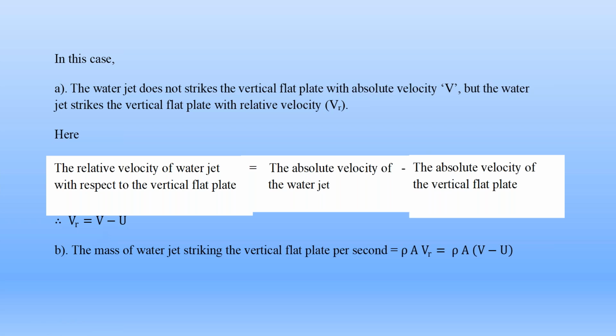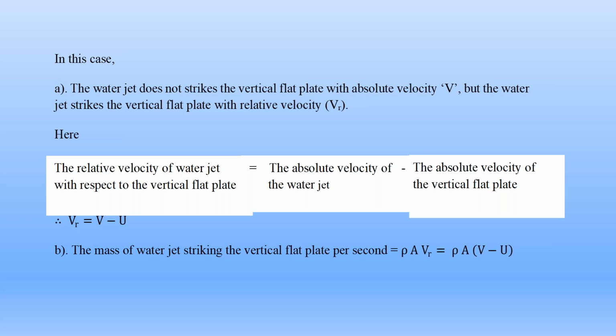In this moving plate, the mass of water jet striking the vertical flat plate per second is equal to rho A into VR. Whereas in the stationary plate conditions, the mass of water jet striking the plate per second is rho A V, because in the stationary plates the water jet strikes the plate with velocity V. But here, in the moving plate, the water jet hits the plate with relative velocity VR.